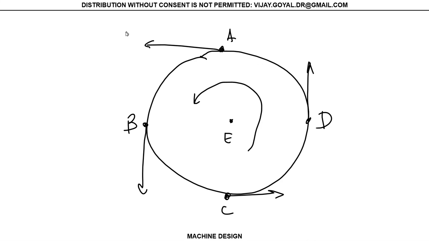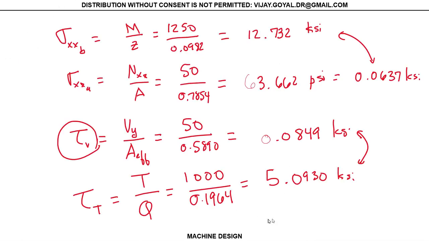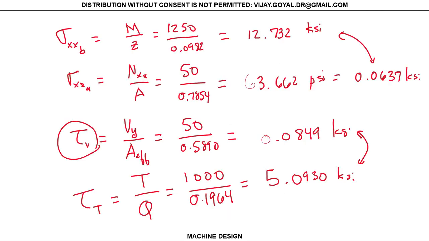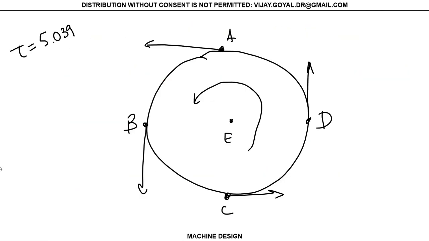Here, the value of my torque, we just calculated this, is 5.093, sorry. So here you have to now put the axis.